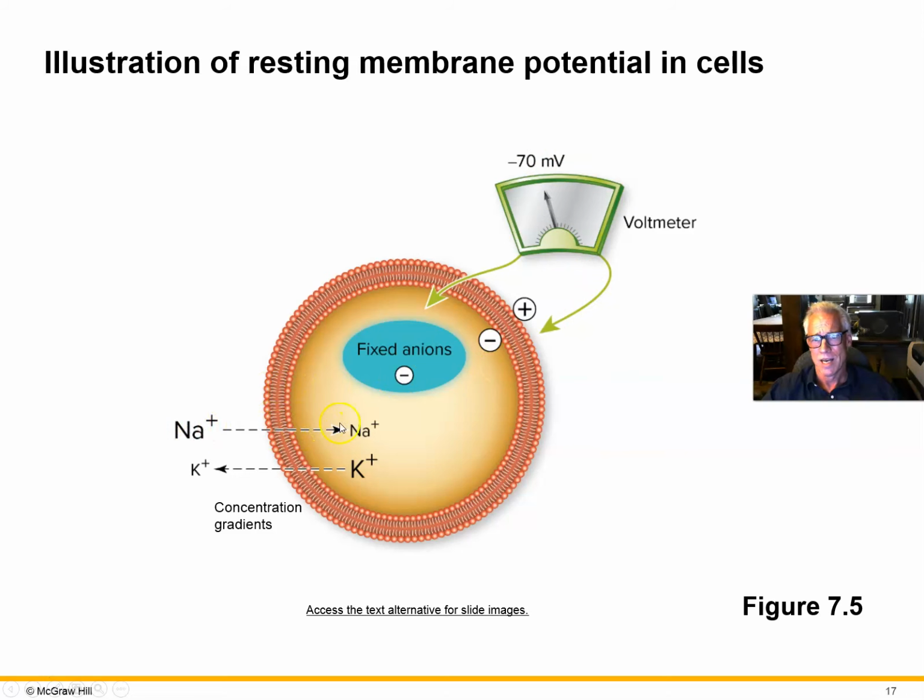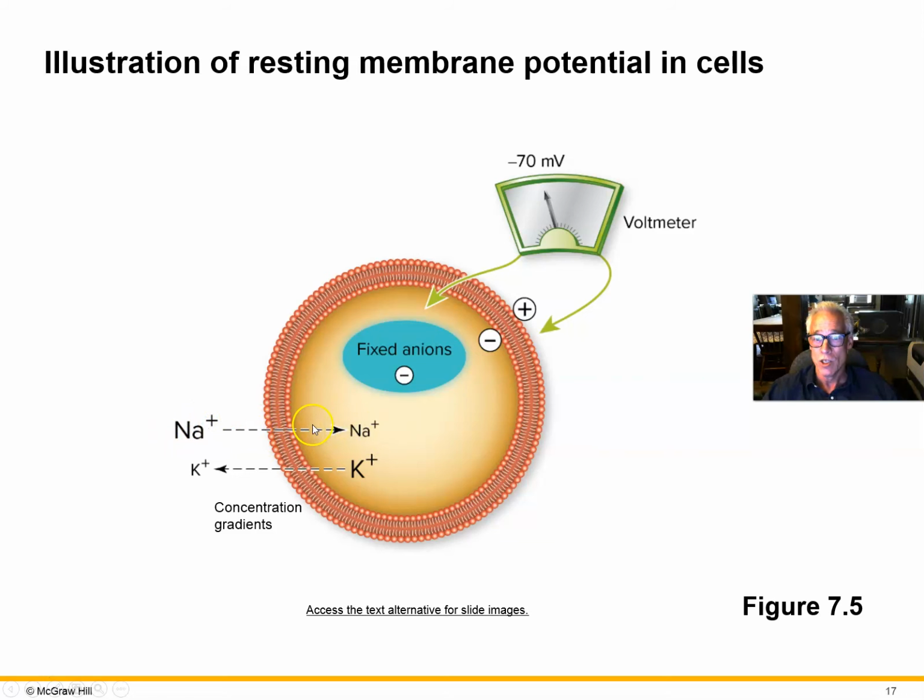These arrows or the dotted lines represent concentration gradients. It's like having a big crowd outside the gates of a venue before a concert or a ball game, and the doors are still locked, and all of those people are crowded out there pushing on the door, and they can't get through. That's the kind of thing to think about with a concentration gradient.